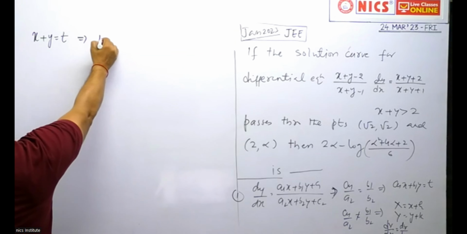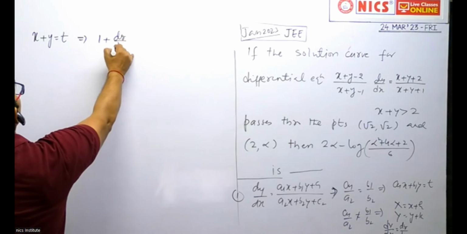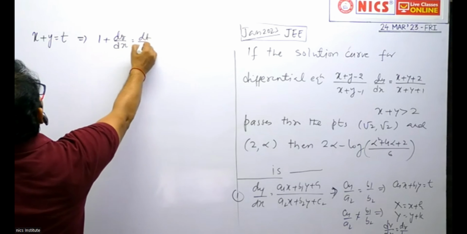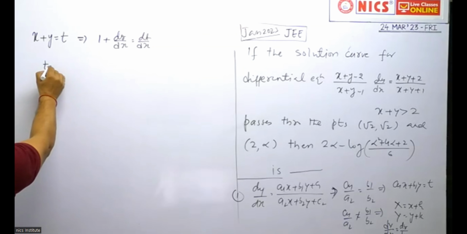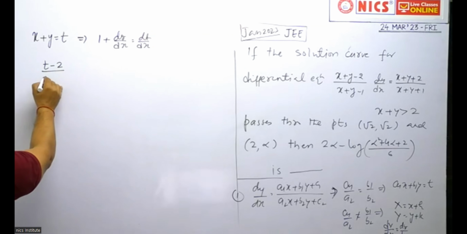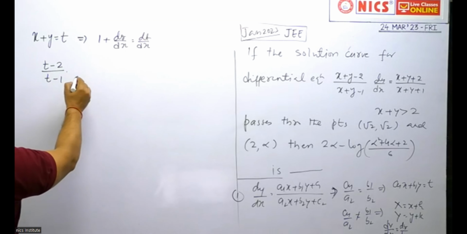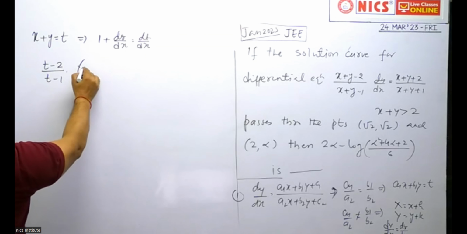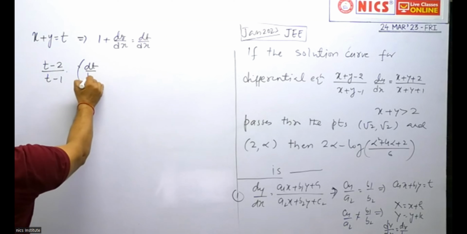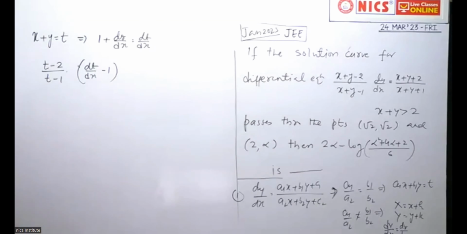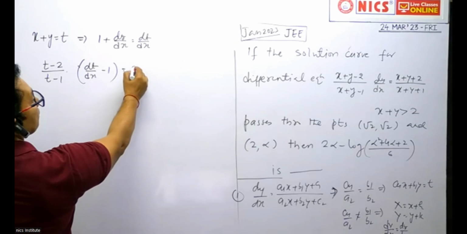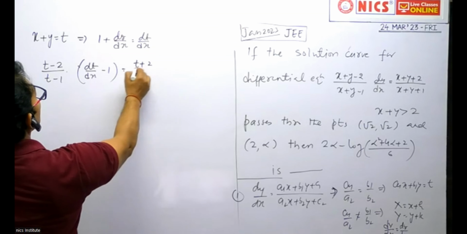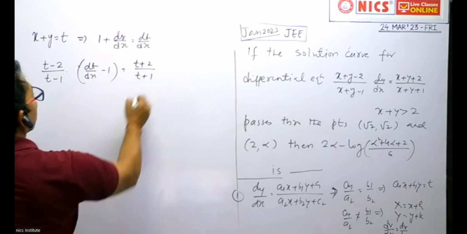Start, differentiate with respect to x, dt by dx. So x plus y you can replace by t, giving (t minus 2) over (t minus 1), and dy by dx is dt by dx minus 1. Then this is (t plus 2) over (t plus 1).